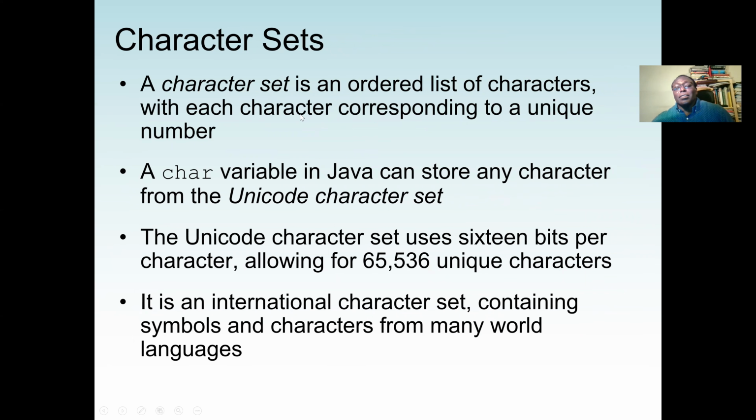A character set is an ordered list of characters, with each character corresponding to a unique number. A char variable in Java can store any character from the Unicode character set. The Unicode character set has up to 65,536 unique characters.